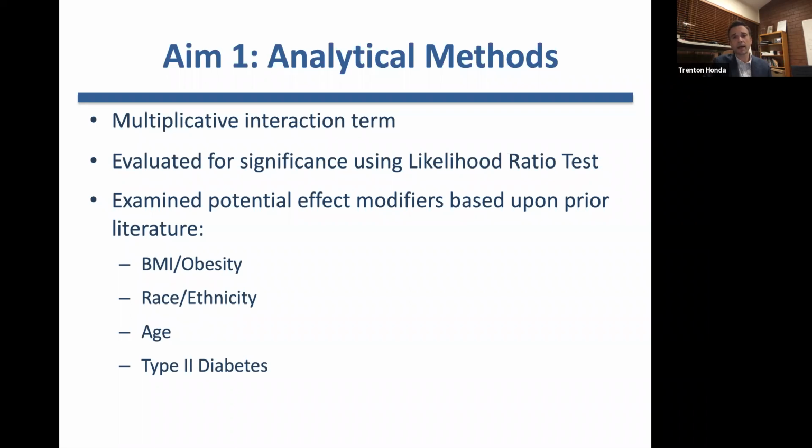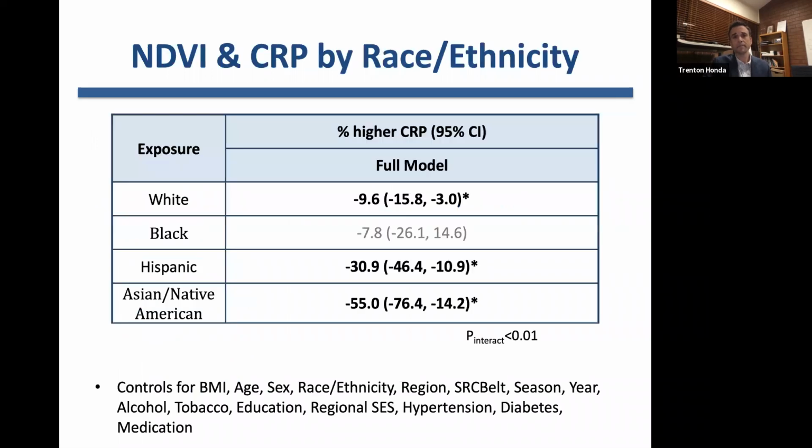And we examined 4 different potential effect modifiers based upon previous literature, including BMI obesity, race and ethnicity, age, and type 2 diabetes.